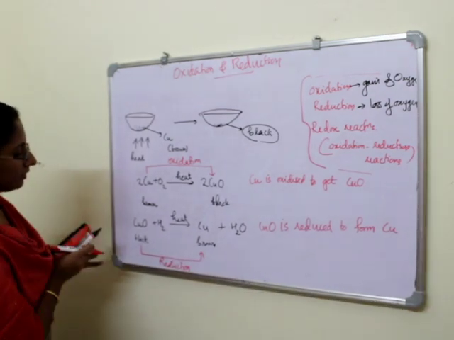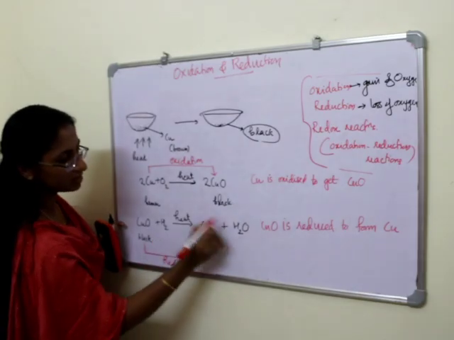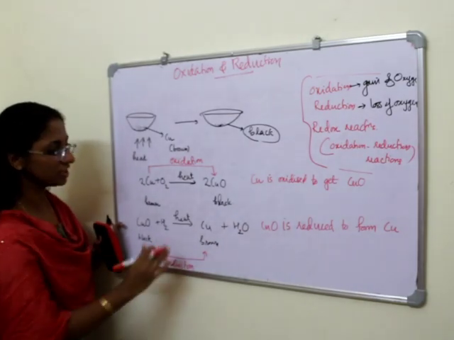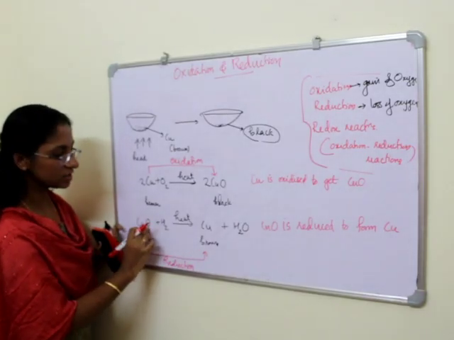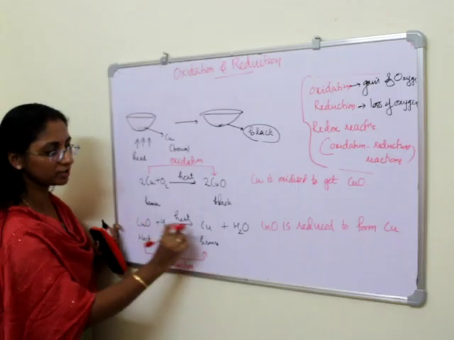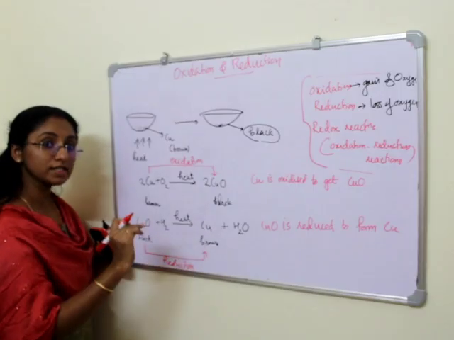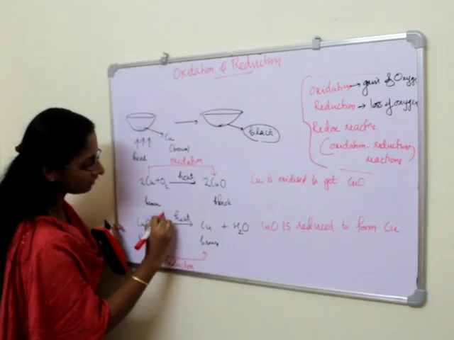And what about this one? Hydrogen. Here hydrogen is changed to H2O. That means oxygen is added to this hydrogen. The oxygen is removed when we move from reactant to product side, right? And that oxygen is actually added to this hydrogen atom. So what is the case of hydrogen over here?